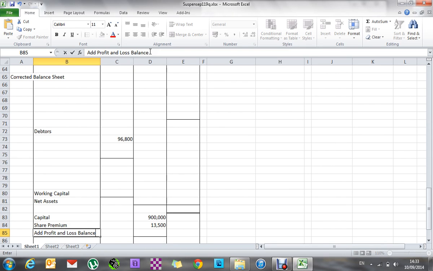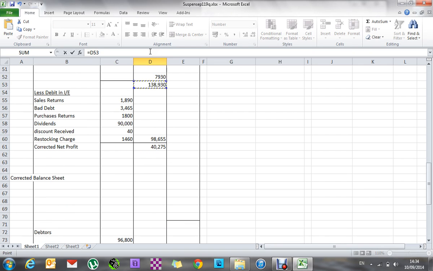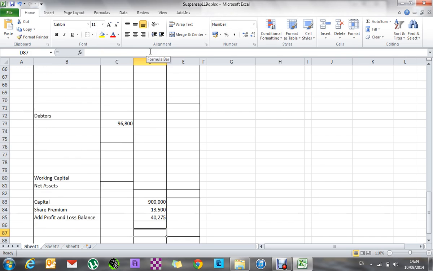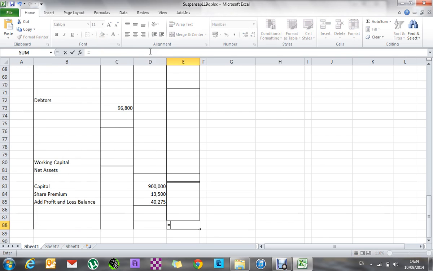So profit and loss balance, that's a figure that would have appeared in the appropriation account when you did your junior cert. So that profit and loss figure has now, because of the corrections to our profit, that figure is now 40. So add that together, and that means that the figure at the end of my balance sheet, if I've done it right, is going to be that.